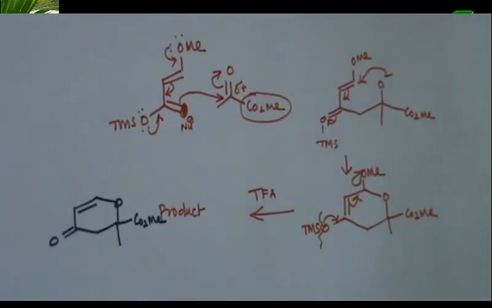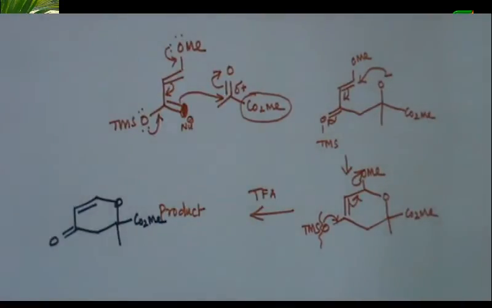If you look at this, the substituents are in 1 and 3 positions. But in Diels-Alder reaction, you may know that 1,2 and 1,4 products are more favored than 1,3.